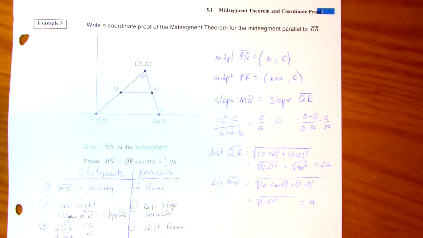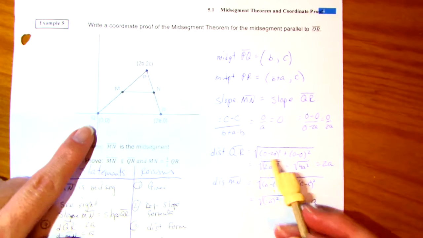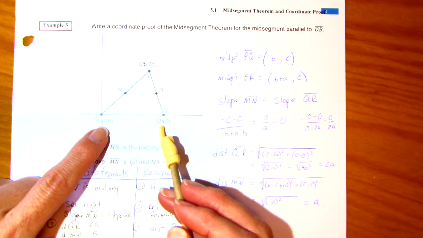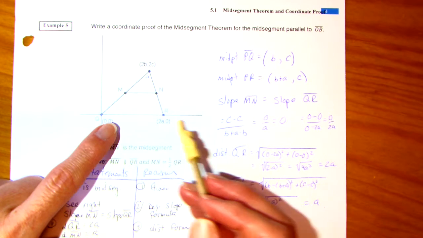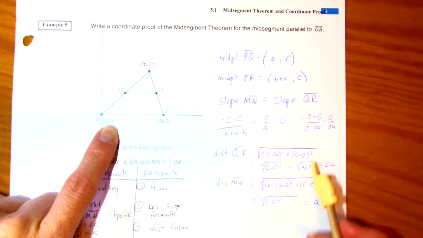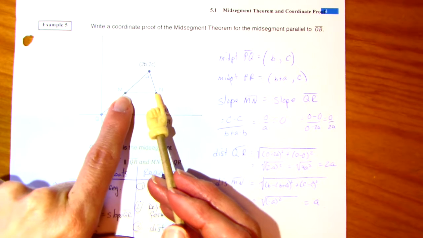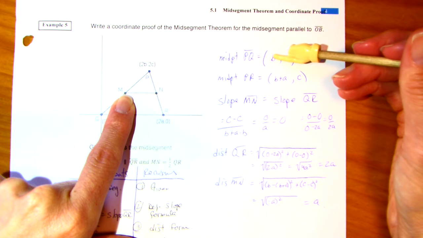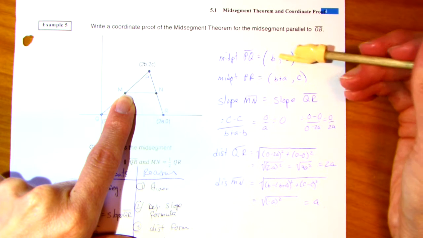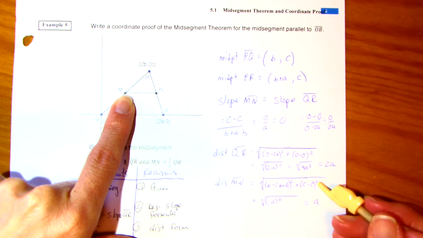The distances. For QR, the change of x's, so I put 0 minus 2a quantity squared plus the change of y's, 0 minus 0, squared, all under a square root, you're going to get 2a. And then we have to find the change of your x's, b minus b plus a quantity squared, and then c minus c quantity squared.